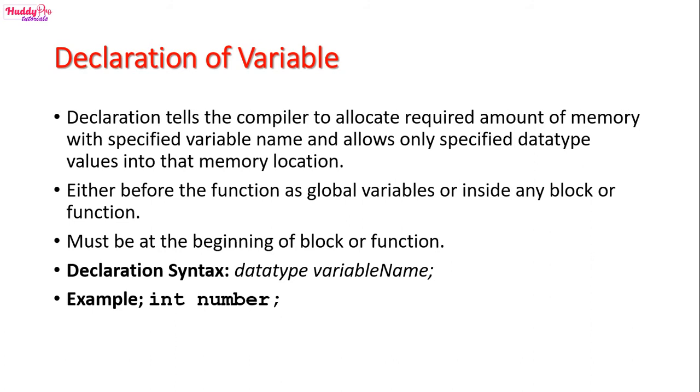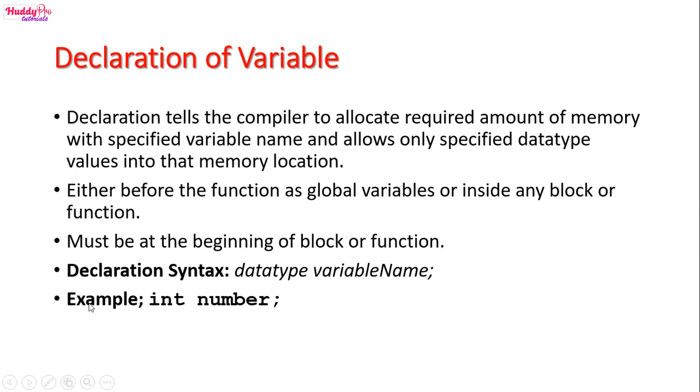But all in all, it must be at the beginning of the block or at the beginning of the function. So this is the syntax for declaration in C. When you want to declare something like a variable, you begin with its data type and then the name of the variable. So that's the syntax.